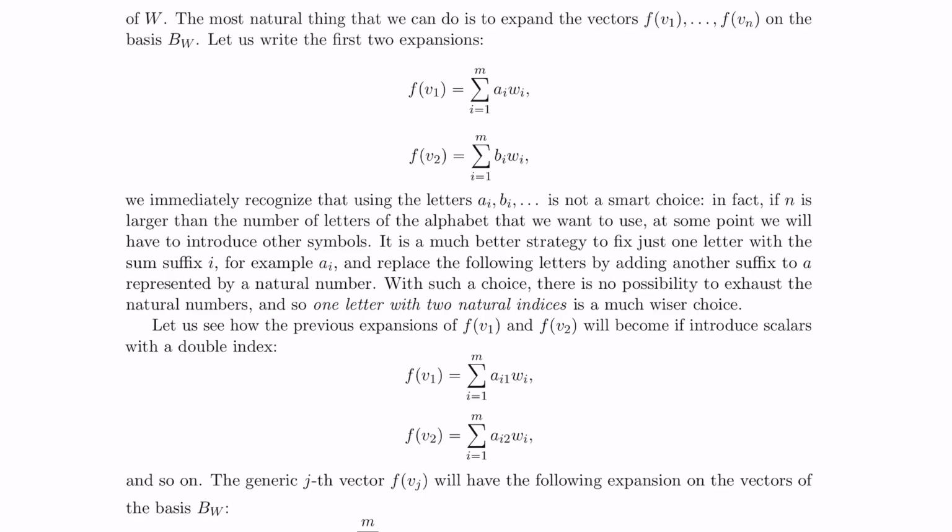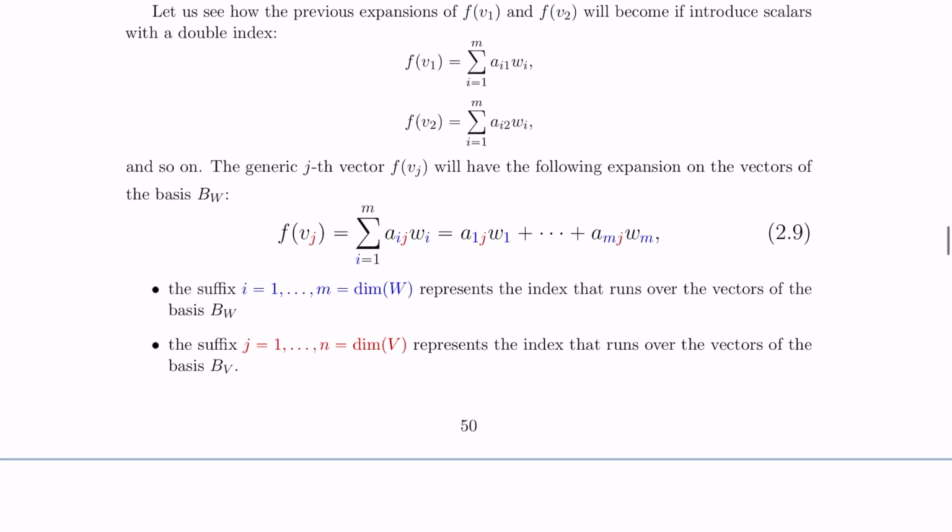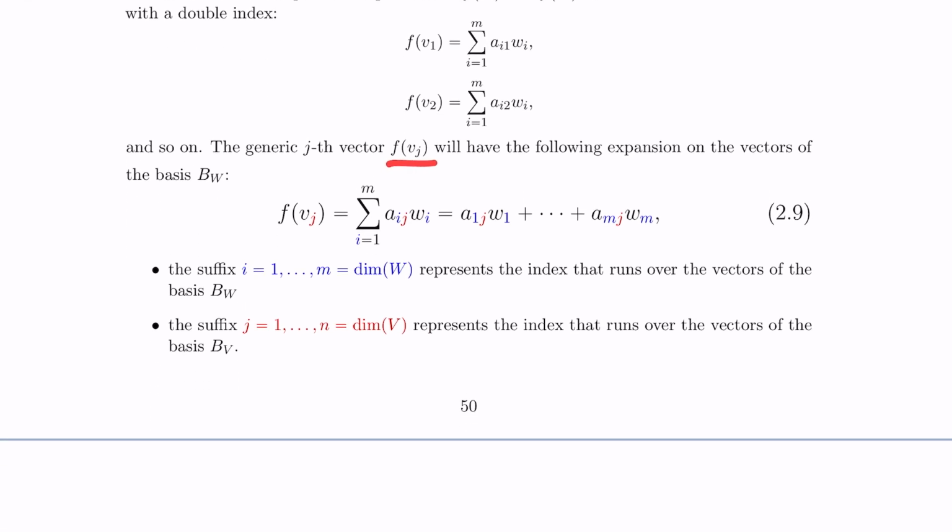Let's now consider the expansion of the generic jth vector f of vj. Coherently with what I said before, you can see that the index j that labels the vector v appears as the second index of the coefficient a.